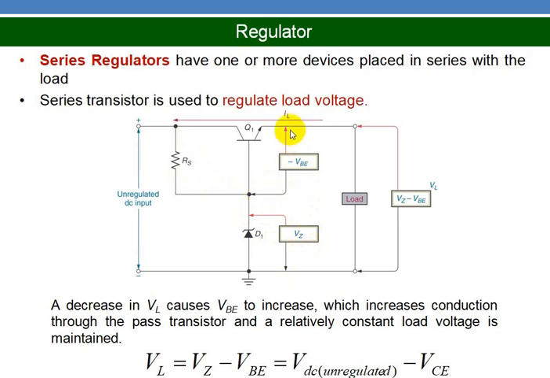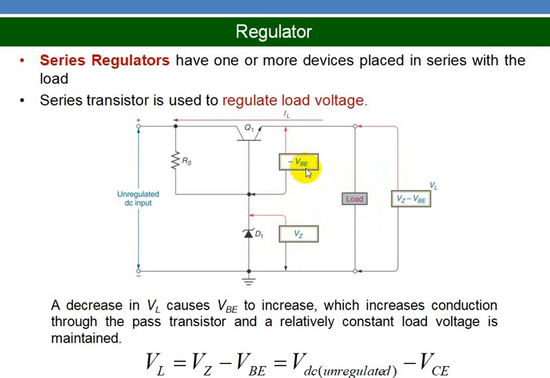Here the polarity at this point with respect to this point is minus VBE. So the voltage across the load will be equal to the sum of these two voltages, VZ minus VBE. Whenever the load voltage decreases, the Zener voltage cannot change, whereas VBE will be adjusted.